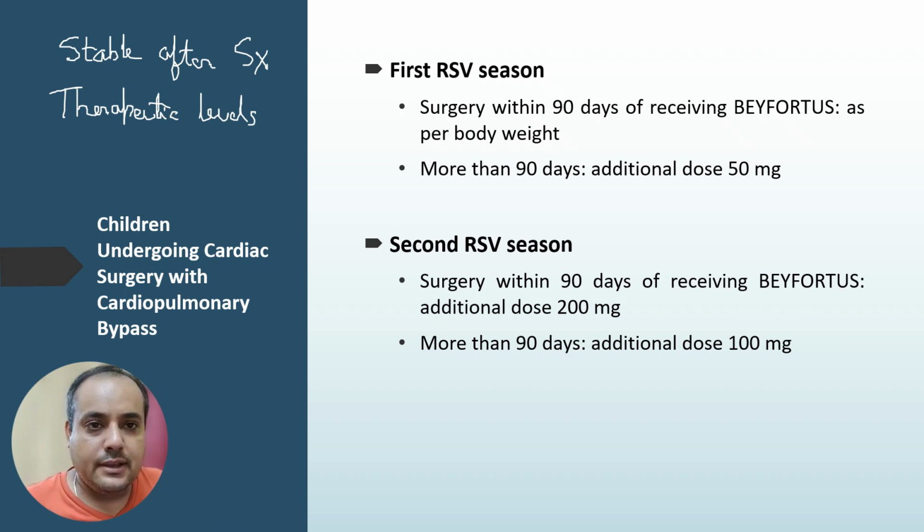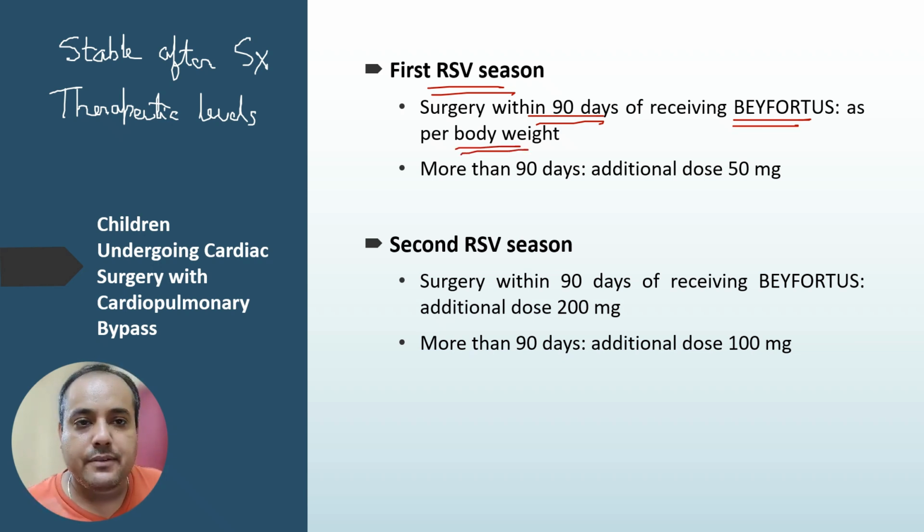So if the child is in the first respiratory syncytial virus season, the first RSV season, and if they have already received the first dose of Beyfortus and the surgery is happening within 90 days of receiving the first dose, then we will go as per the body weight that we have discussed previously.